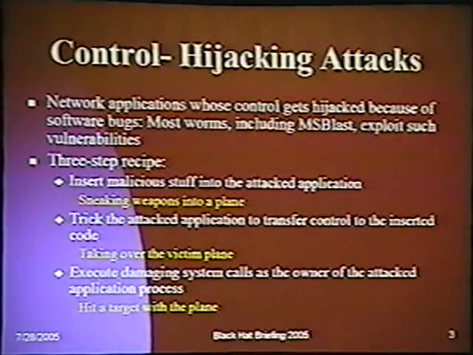The second step is that once he can inject something into the address space, you try to trick the victim application to transfer control either to the injected code or to some existing code. It's like a hijacker trying to take control of the victim's airplane. And once the attacker grabs control of the victim application, he can do whatever he wants by issuing some sort of damaging system call to achieve whatever purpose he has in mind.